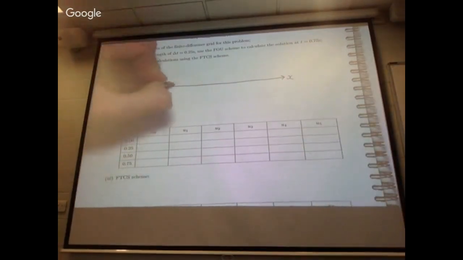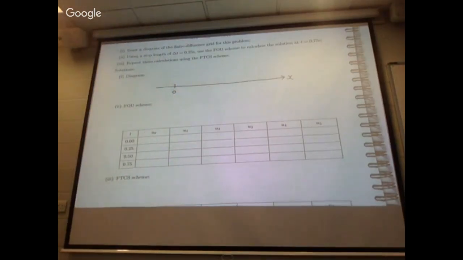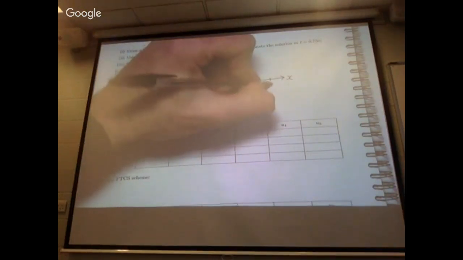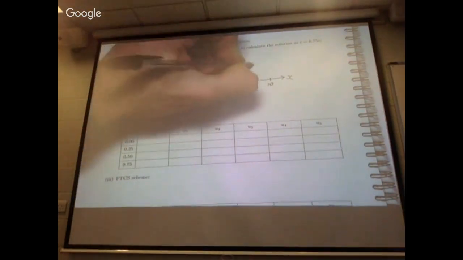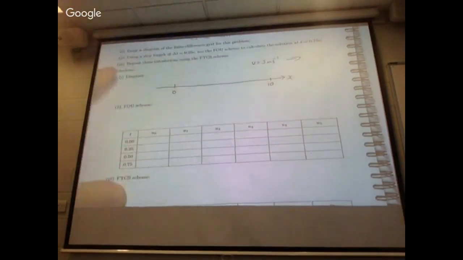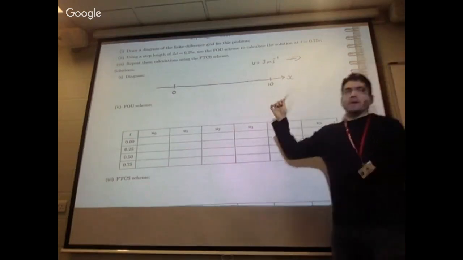At one end we're going to have our left-hand boundary at 0 metres, and we're going to have our right-hand boundary at 10 metres. And our velocity is 5 metres per second, travelling in that direction. Okay, so that's our domain.